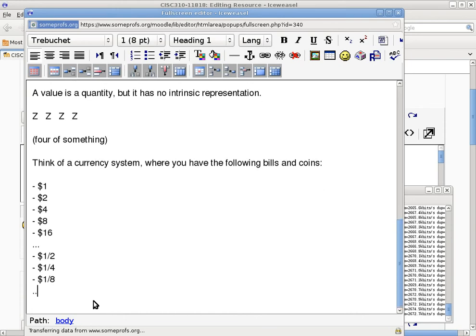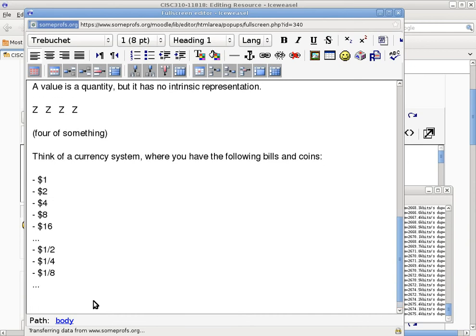So instead of our existing currency system, which is actually very inconsistent, we go from 1 penny to 5, 5 pennies to 10, 10 to 25, 25 to 100, which is a dollar. We go from $1 to $2, rare bills, but they do exist. 2 to 5, 5 to 10, 10 to 20, 20 to 50, 50 to 100, 100 to 200.